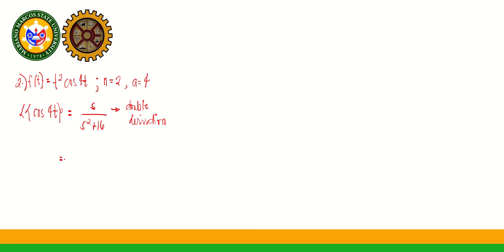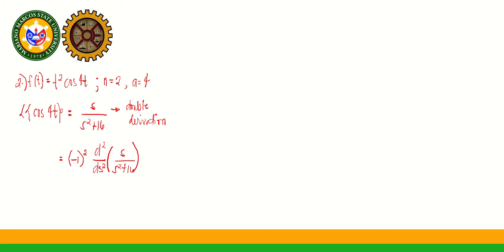So this is equal to negative 1 raised to 2 times the double derivative of s over s squared plus 16. And negative 1 squared is equal to 1, so we just omit this and proceed to derivation.